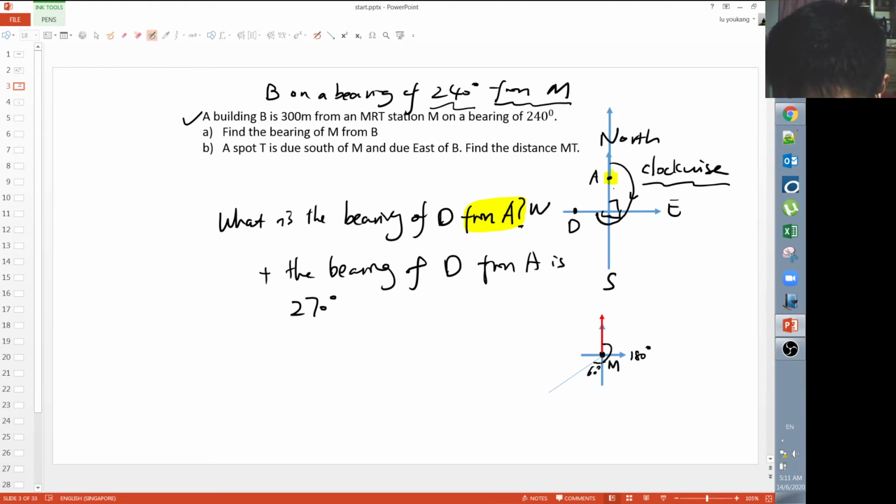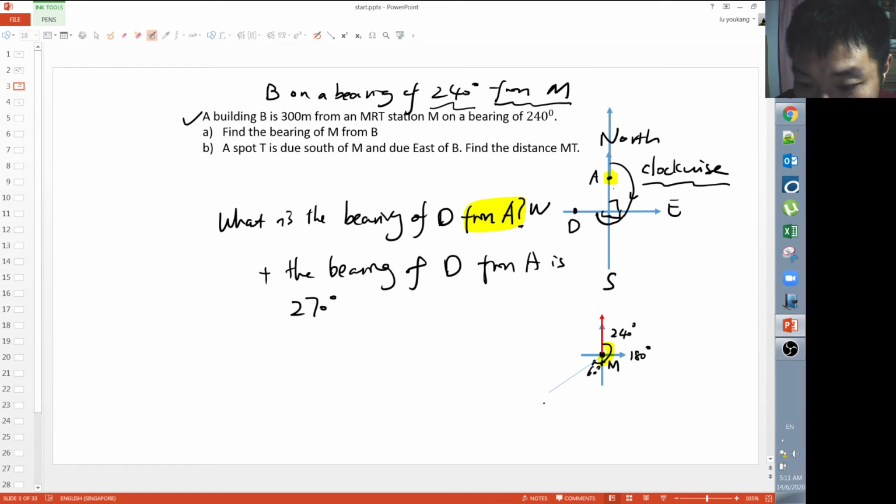From here to here is my 60 degrees, and 60 added to 180 degrees is my 240. So this entire angle here is my 240 degrees.